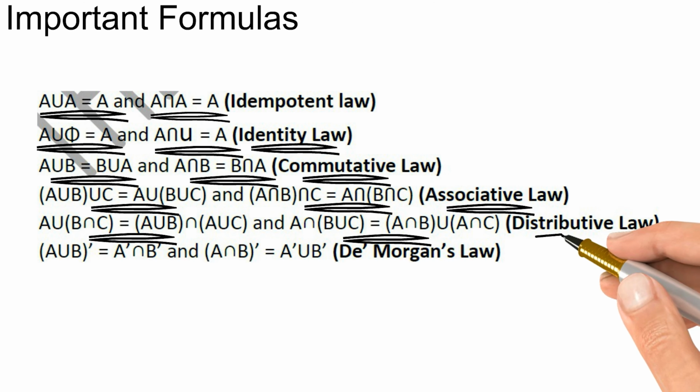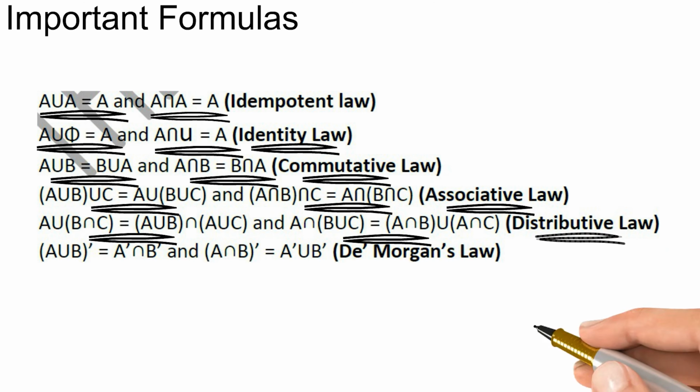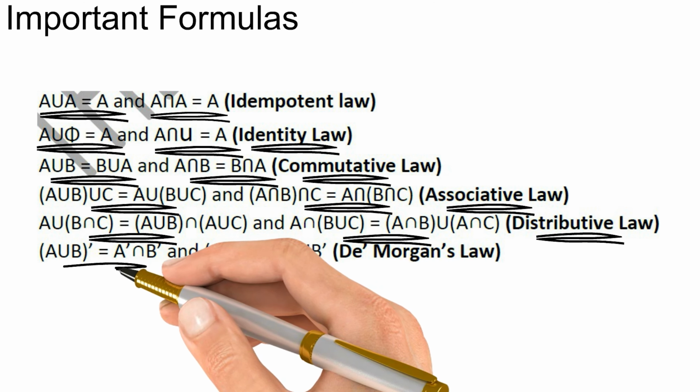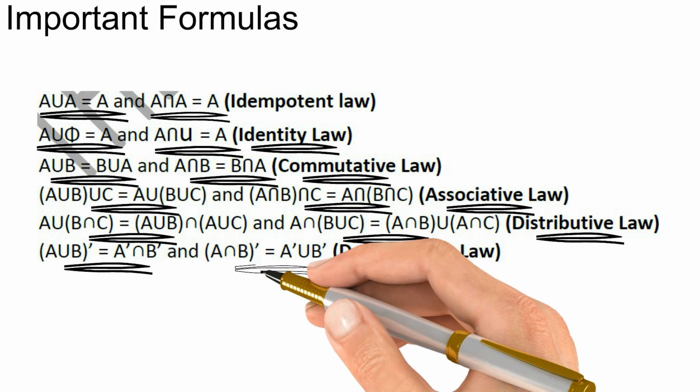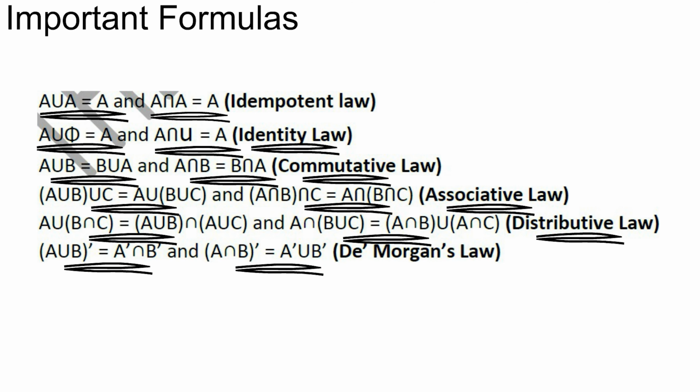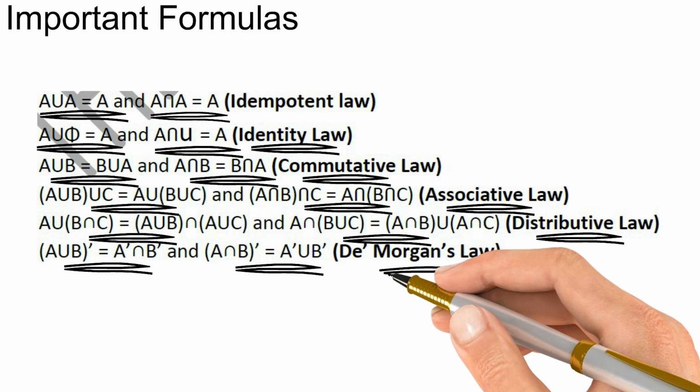This is called the distributive law. Next comes (A union B) prime equals A prime intersection B prime and (A intersection B) prime equals A prime union B prime. This is called De Morgan's law.